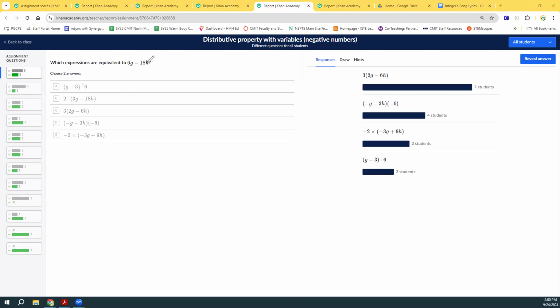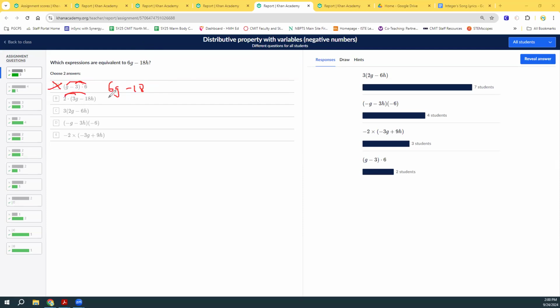Which expressions are equivalent to 6g minus 18h? So we could distribute, why don't we just do that? It aligns to what we've already done. So 6 times g and 6 times 3. So 6g minus 18h, so no, because you're missing the h.